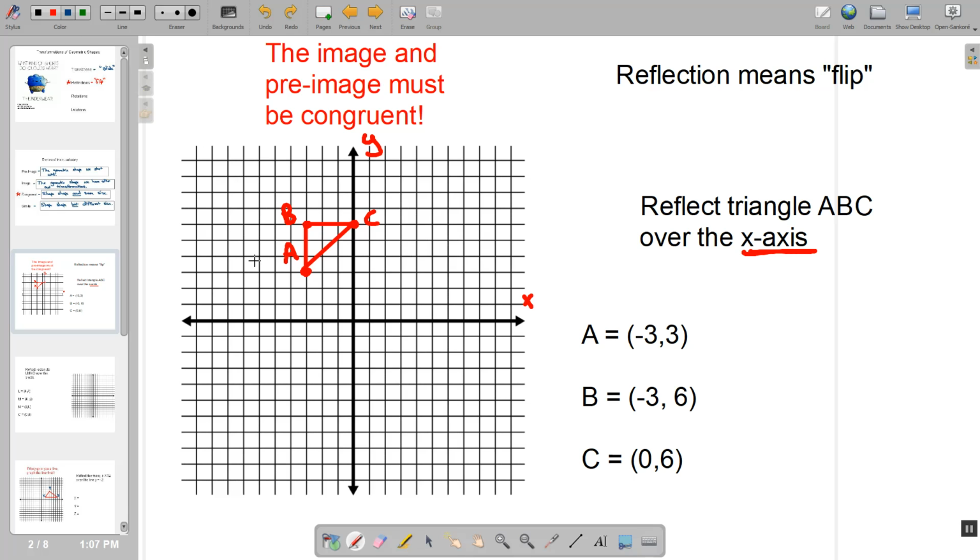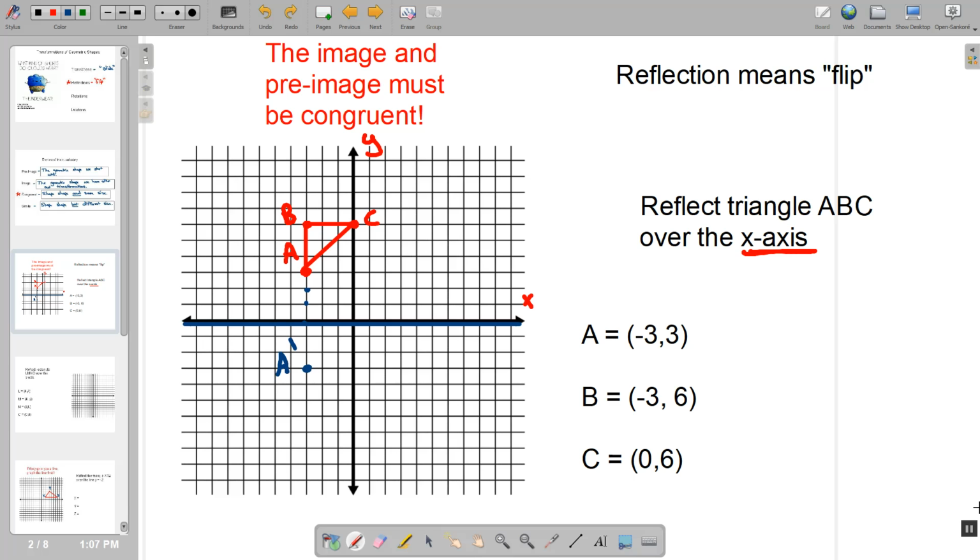So the trick is that you find your point in the middle, which in this case is the x-axis, and you count the distance away from that point. So for A, we are 1, 2, 3 units away from our point of reflection. So we need to be 1, 2, 3 units away from the point of reflection on the opposite side.